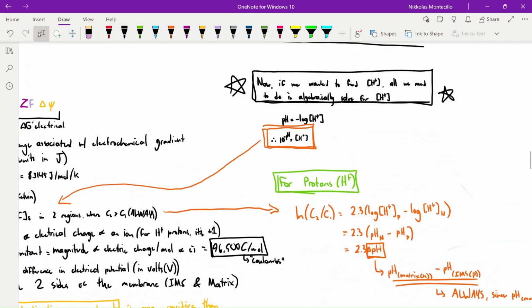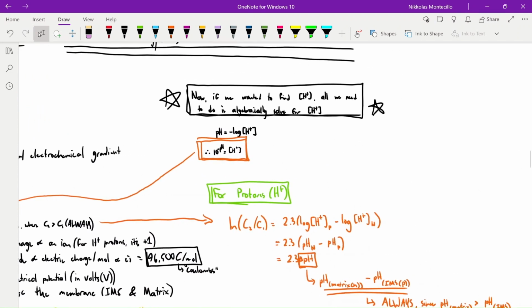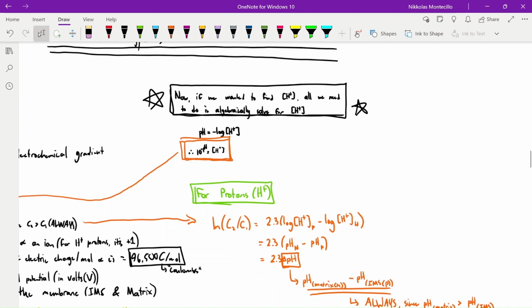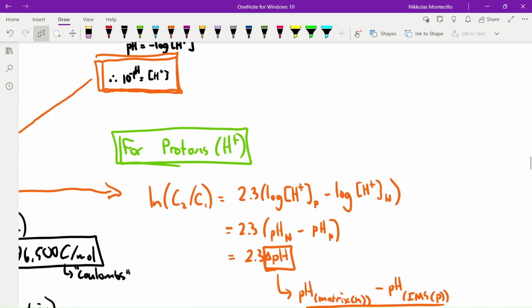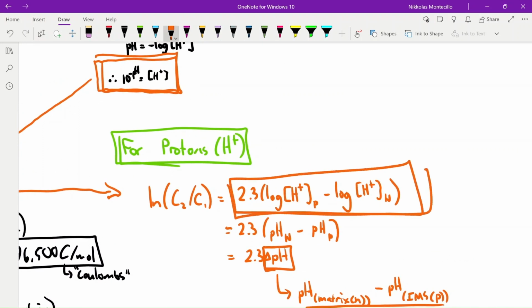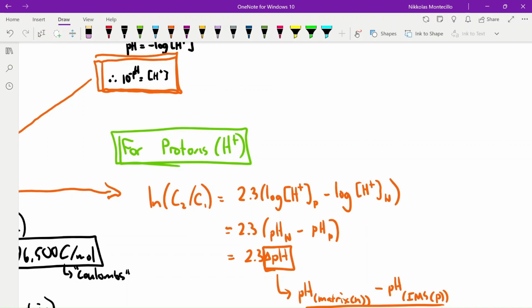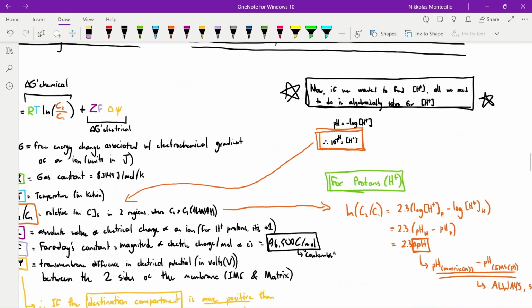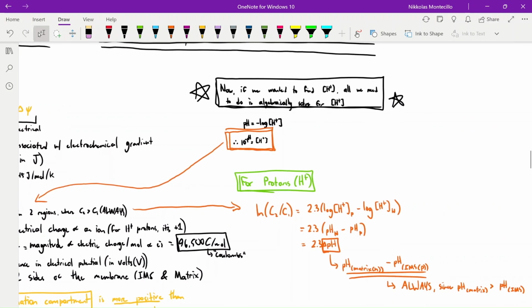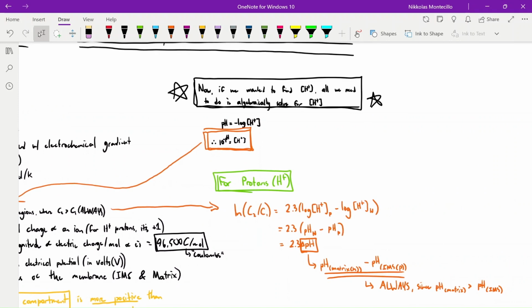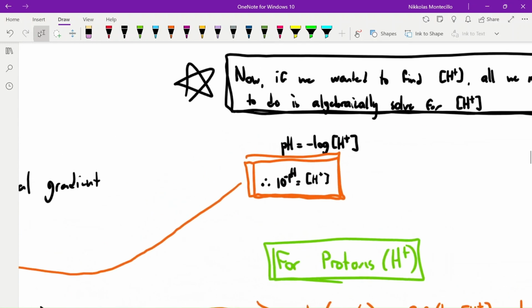So if we were to take a look here, we can see that the natural logarithm of the concentrations can be expressed like this. Remember, if we wanted to find the concentration of hydrogen protons, all we need to do is algebraically solve for the hydrogen concentration by using this formula here.